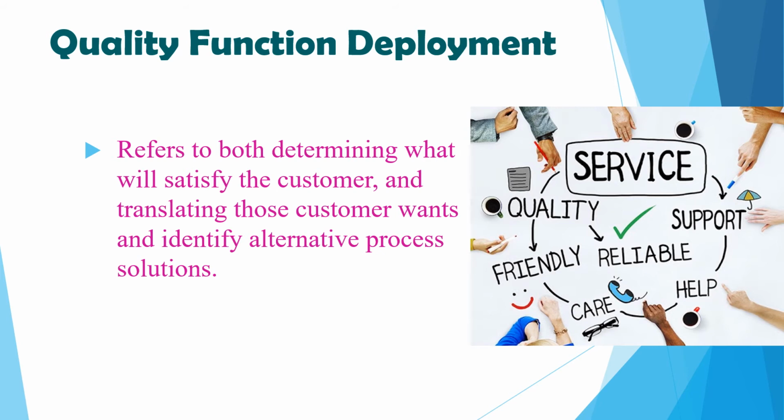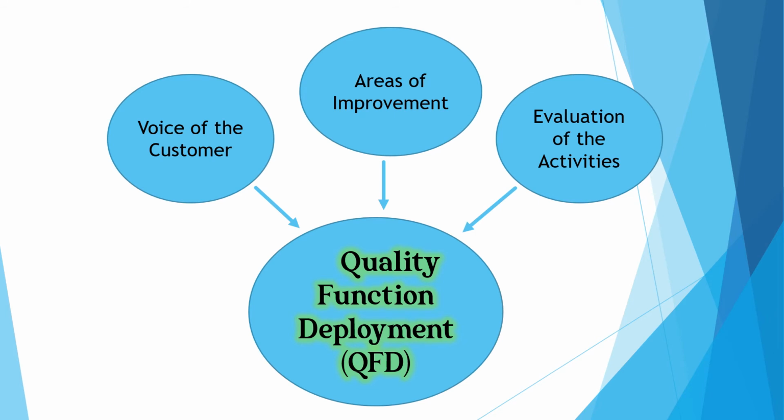Quality function deployment refers to both determining what will satisfy the customer and translating those customer wants into alternative process solutions. So what actually is quality function deployment? Let's take a look at these 3 components, which are the voice of the customer, areas of improvement, and evaluation of the activities.